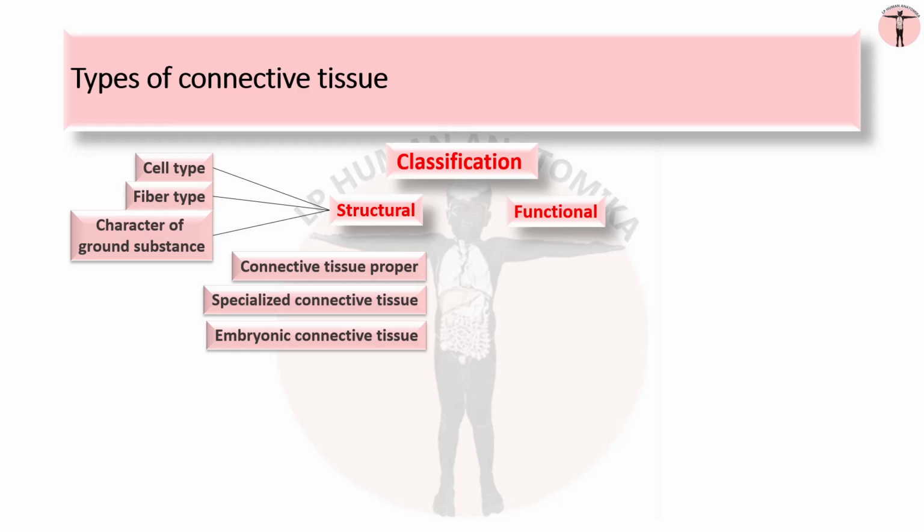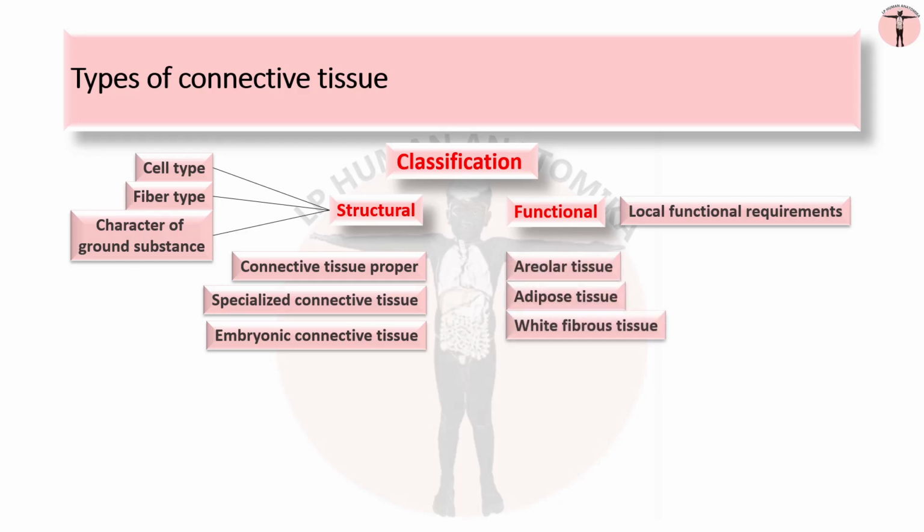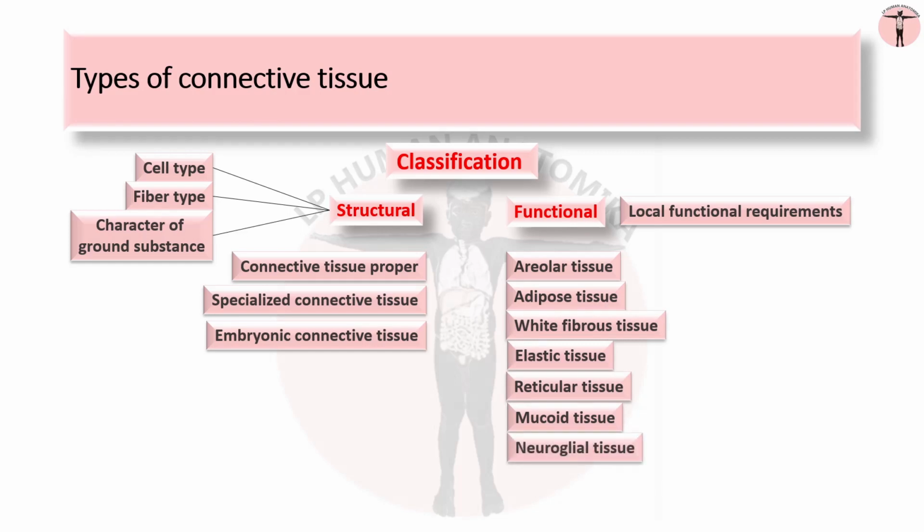Functionally, connective tissue is classified based on local functional requirements into areolar tissue, adipose tissue, white fibrous tissue, elastic tissue, reticular tissue, mucoid tissue, and neuroglia may also be considered as a special type of connective tissue in the central nervous system.